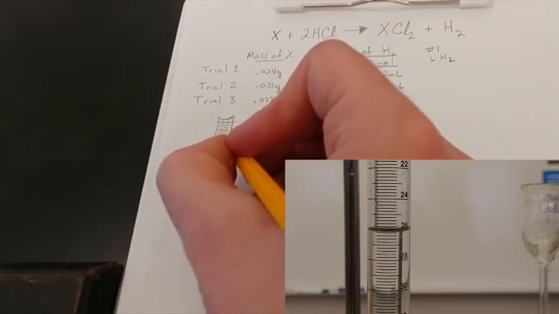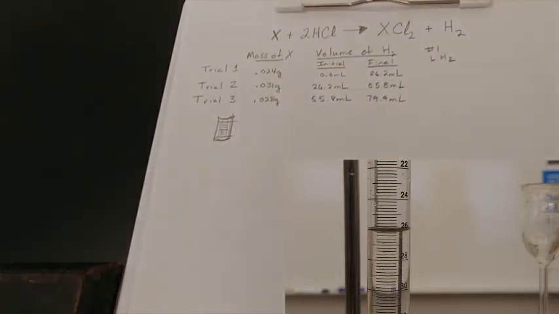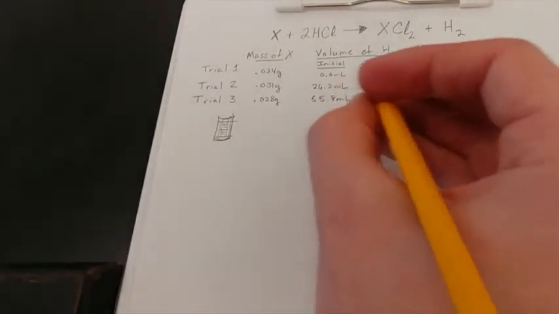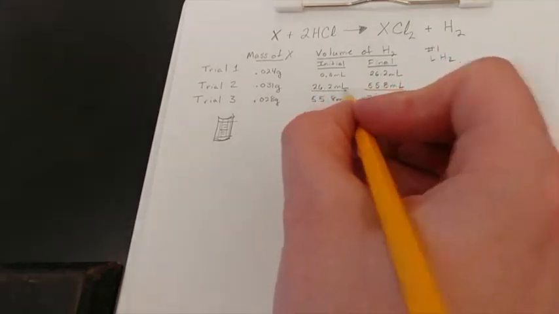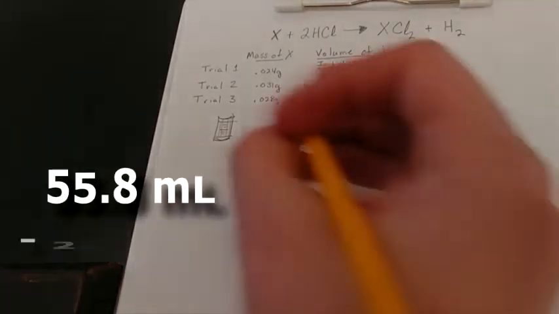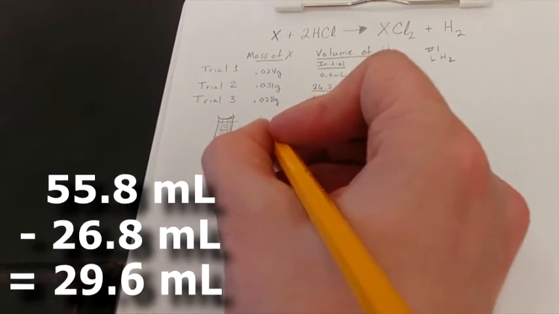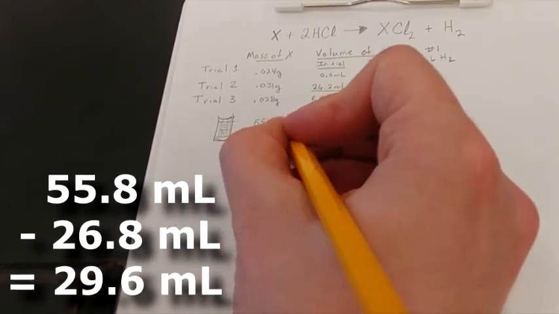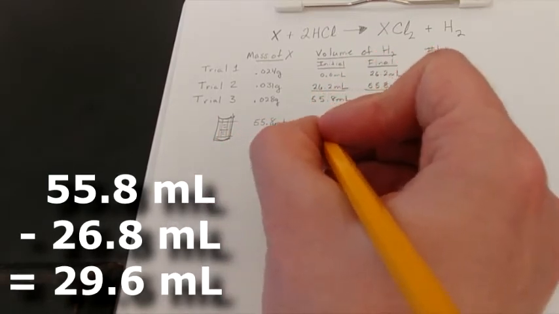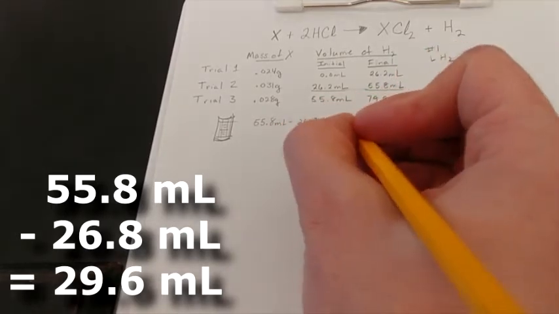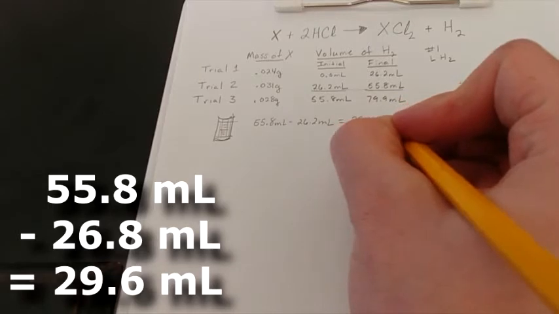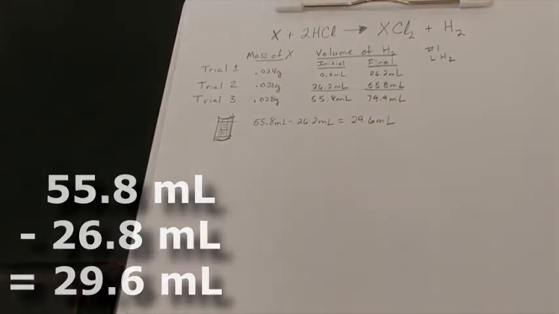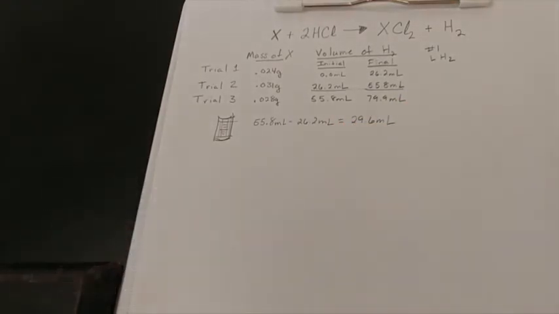How much gas actually filled into the tube as we're going along? So I have my final reading of 55.8 and my initial reading of 26.2. So I'm just going to subtract those, and I get 29.6 milliliters.